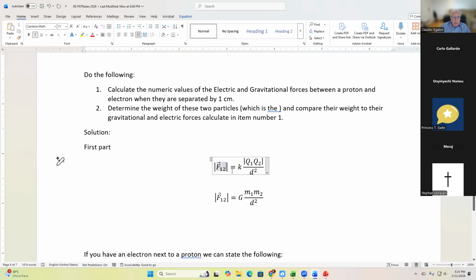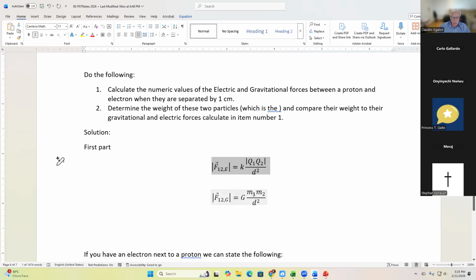I need to put a letter E here to emphasize that this is the electric force, and another letter here, big G, to emphasize that this is the gravitational force. So let's take the ratio of this value and this value. If we take the ratio, we don't need to substitute the value for D.